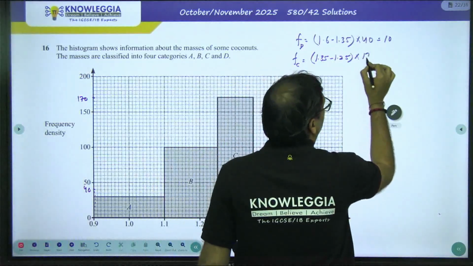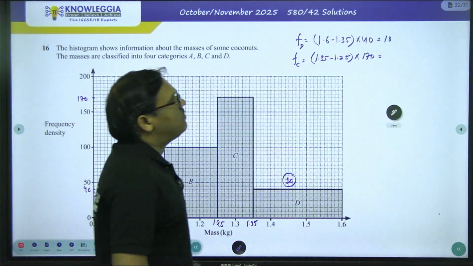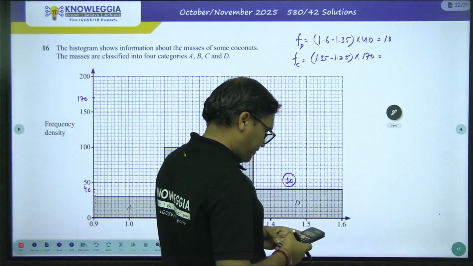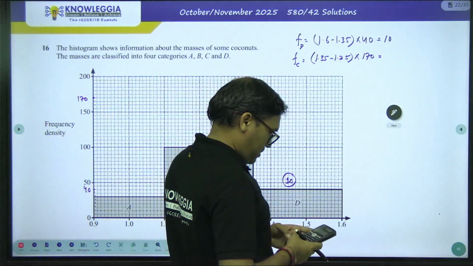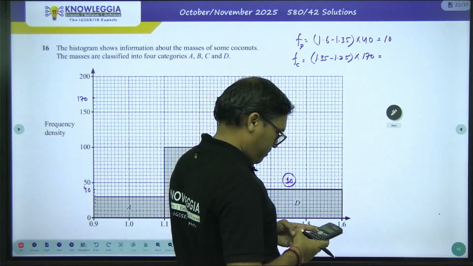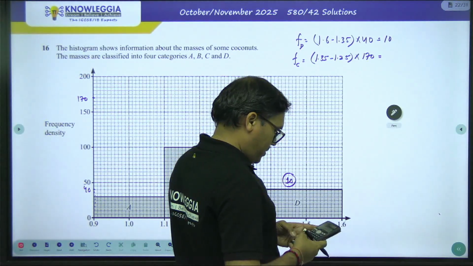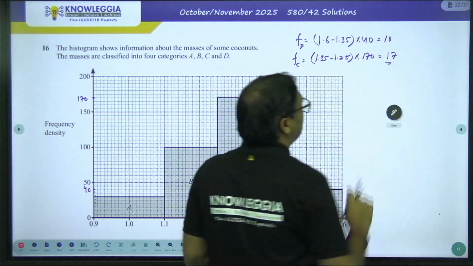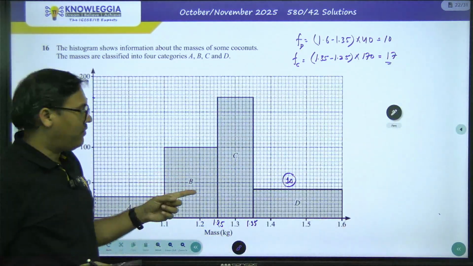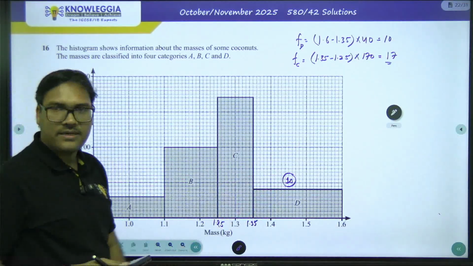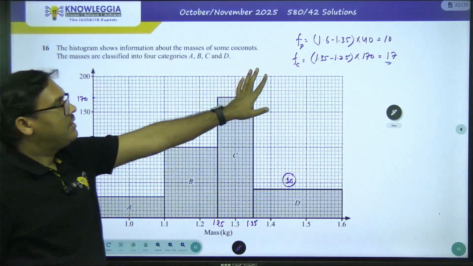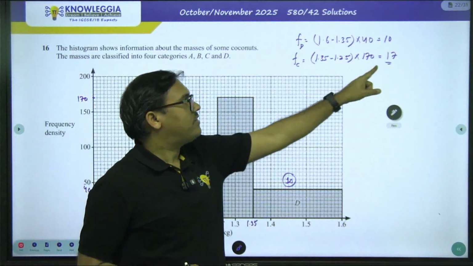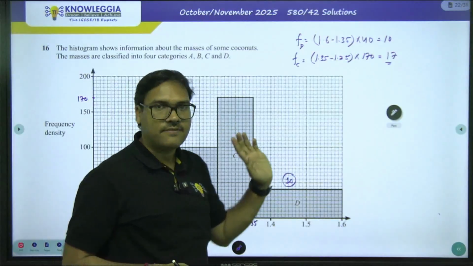So 1.35 minus 1.25 into 170 is 17. So that means there are 10 coconuts in category D and 17 coconuts in category C.